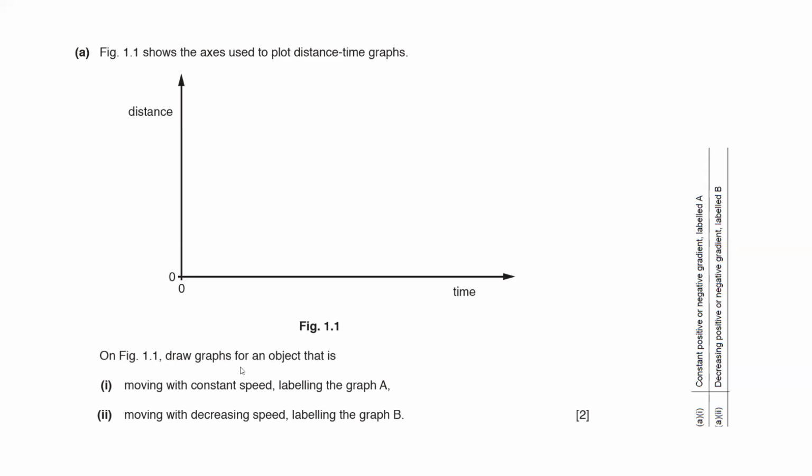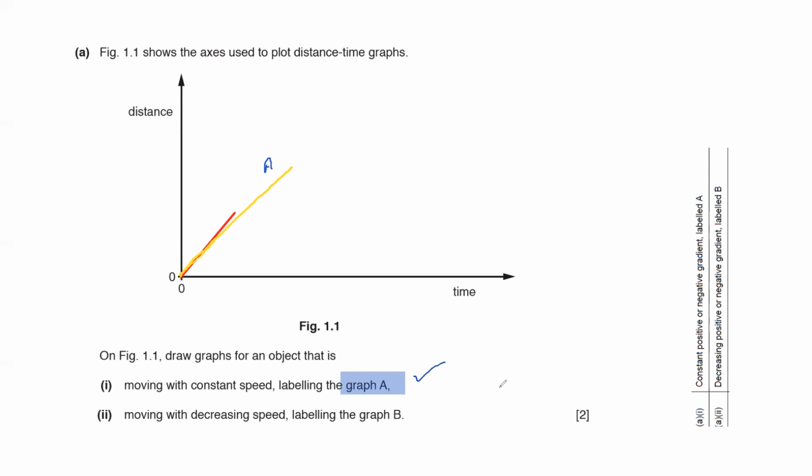On figure 1.1, draw a graph of an object that is moving with a constant speed and label that as A. So I want everyone to use screen annotation and draw a graph for A. First only for A. And label that as A. Label that as A means you should write the letter A for that.